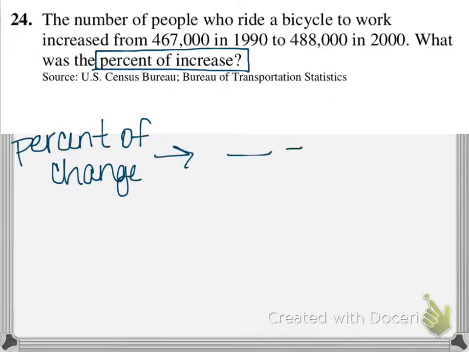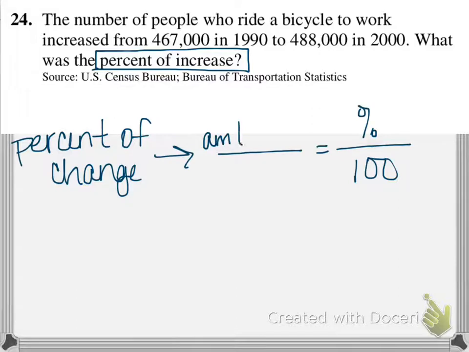So a fraction equals a fraction, and we still have percent over 100. And the way our first fraction is going to set up is the amount of change over the original amount. And again, this will work for whether it's increase or decrease.